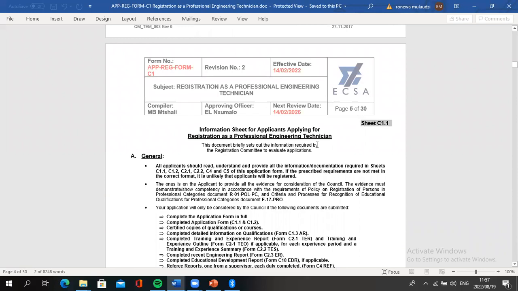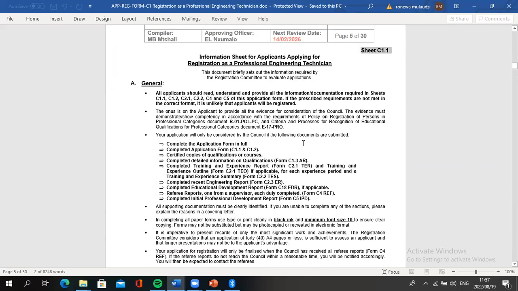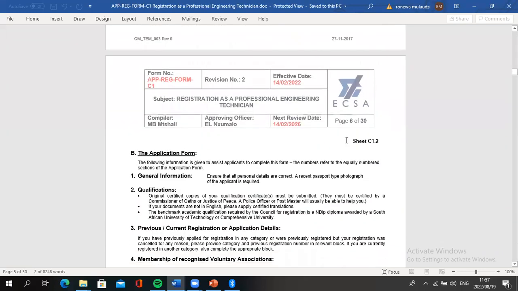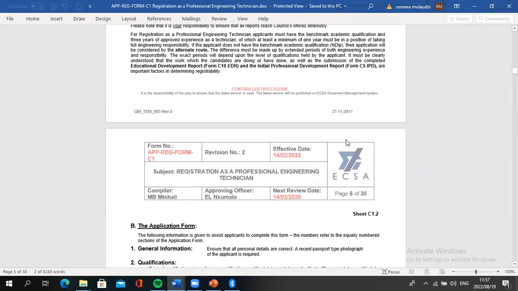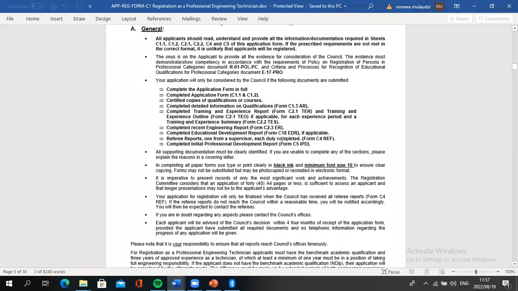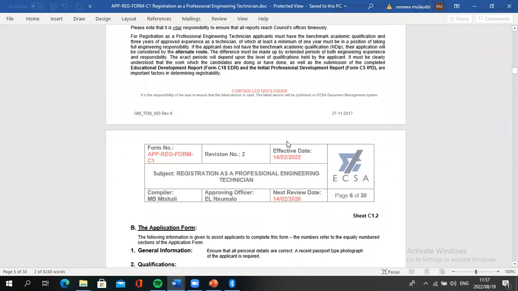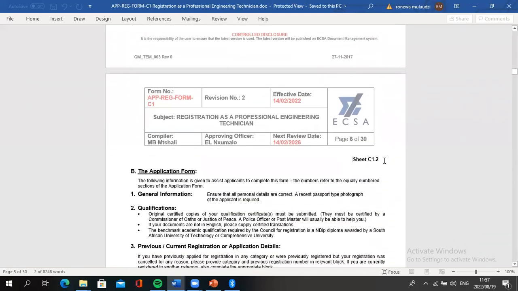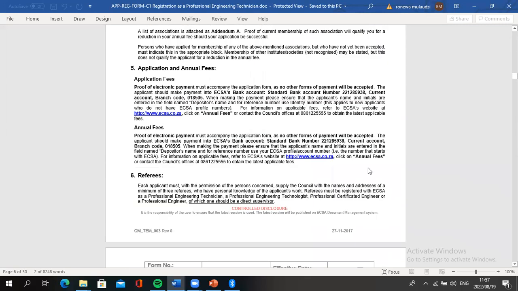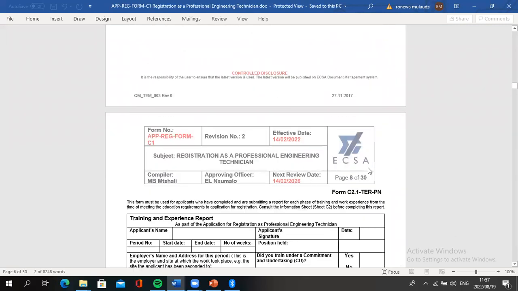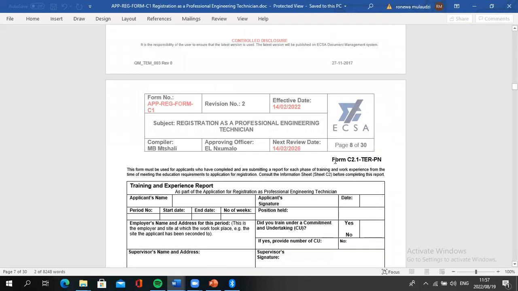The sheet C1.1 is just for information purposes. Actually, it's highlighting what you have to fill in or how you have to fill in. Same for sheet C1.2, it's just information. You don't have to fill that in.